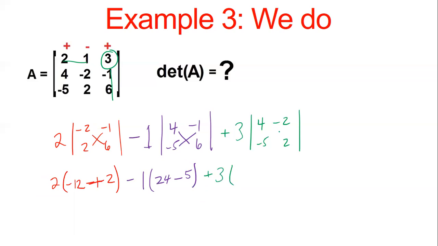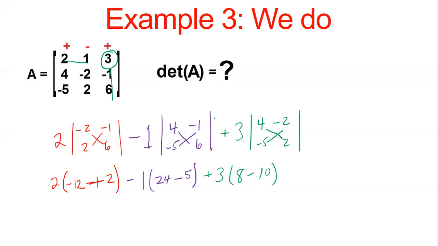Plus 3, cross multiply. 4 times 2 is 8, minus -5 times -2, 10. How do we feel about finding the determinants? Still good? And then the last step is just to PEMDAS your way out.